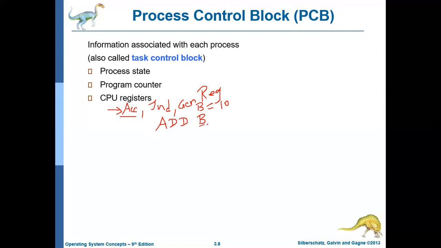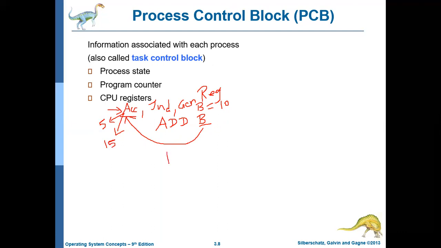B should be added with the accumulator, if no other register is provided. If the accumulator already contains 5, then the B value 10 will be added with 5 and the result stored in the accumulator. The new value of the accumulator becomes 15.